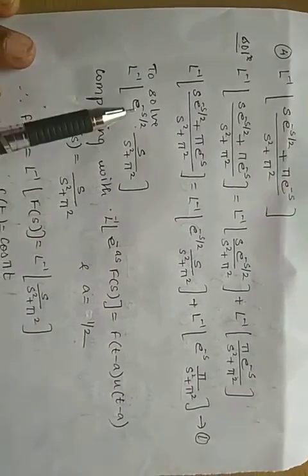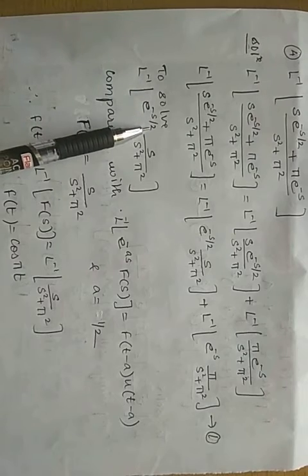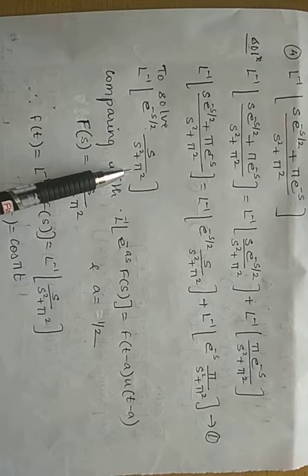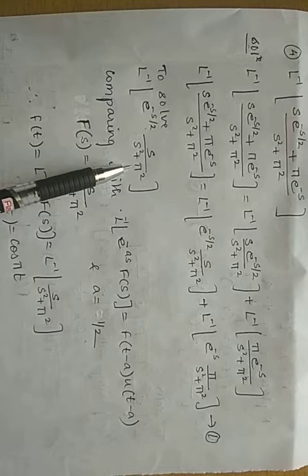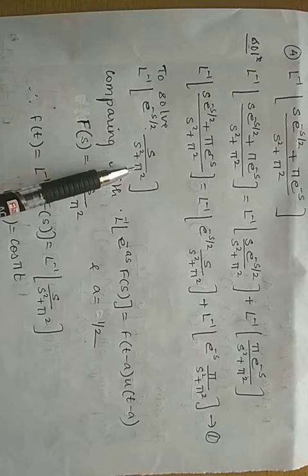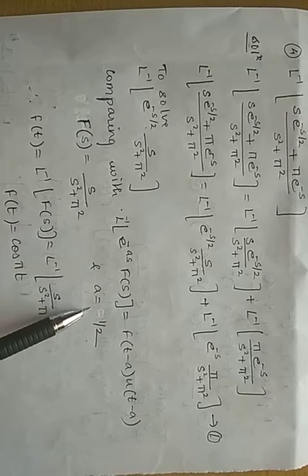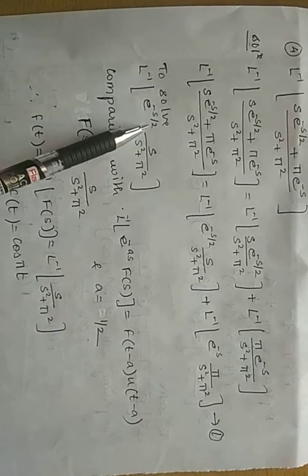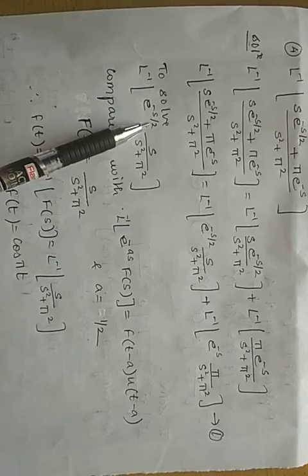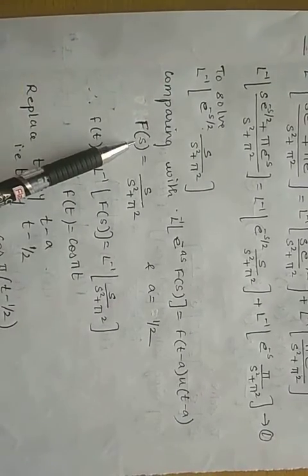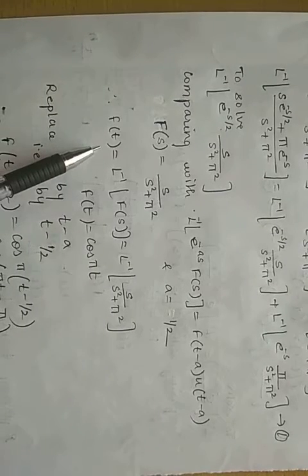First I'll see L inverse of e raised to minus s by 2 into s upon s square plus pi square. Comparing, we have f of s as s upon s square plus pi square, and a is 1 by 2, the coefficient of s. Once we get f of s, we can calculate f of t.